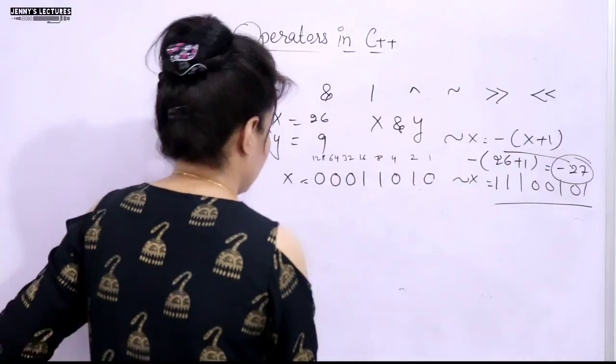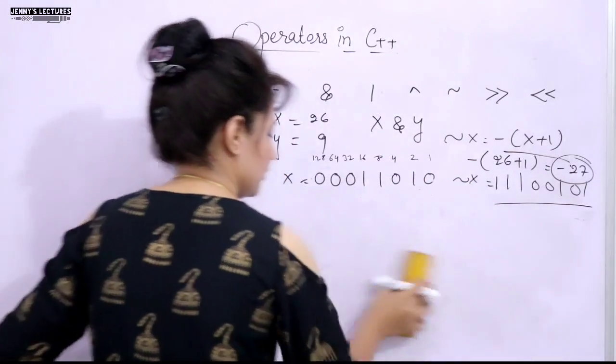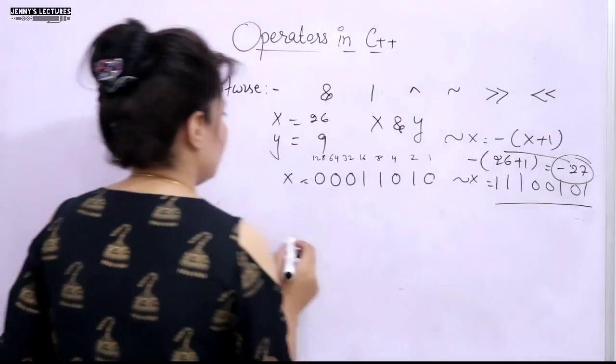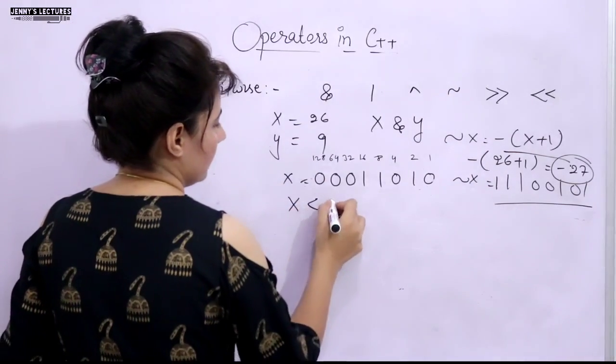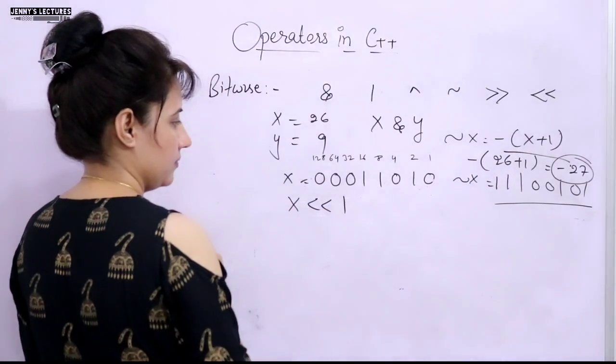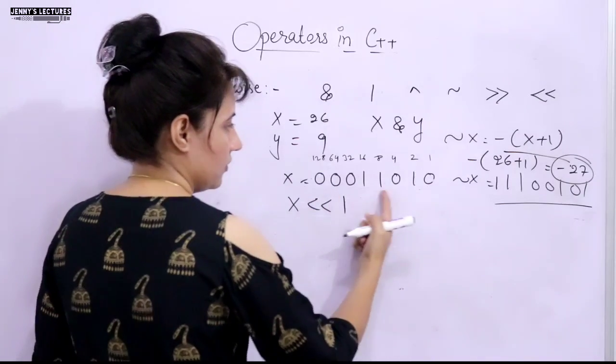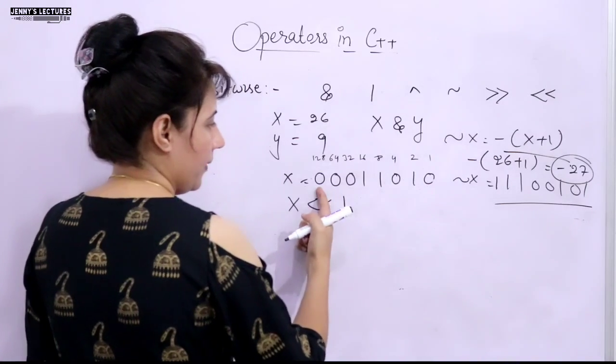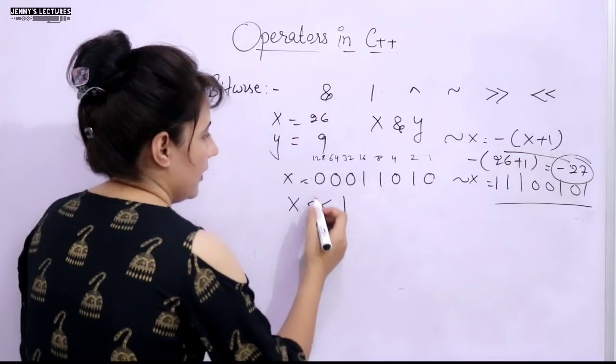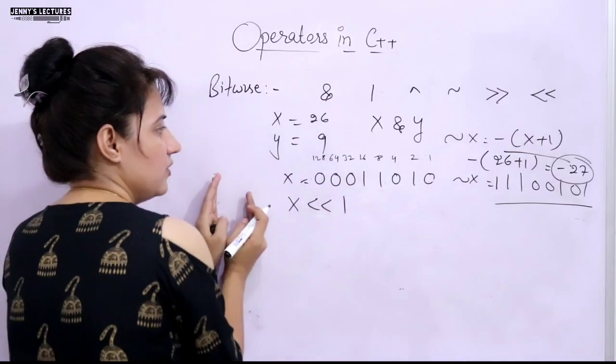See, on x I am applying the shifting operation. So if I apply x left shift 1, we are going to left shift this by 1 bit. So x is this, means left shift 1.